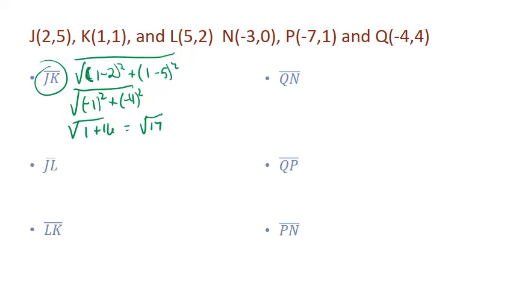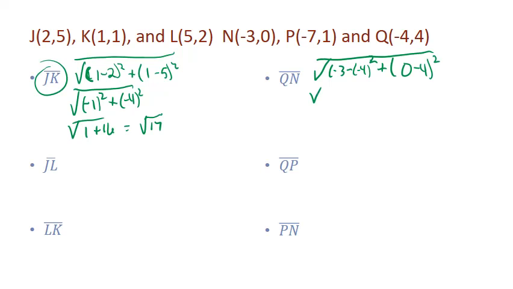All right, now let's look at QN, because that's the one that we thought looked to be a corresponding part. And so again, we're going to take the square root of, and I got Q and N, so N is going to be my Y2s, X2s, let's say. So I got -3 minus -4, that's going to make that a plus, squared, plus 0 minus 4 squared, taking the square root of that.